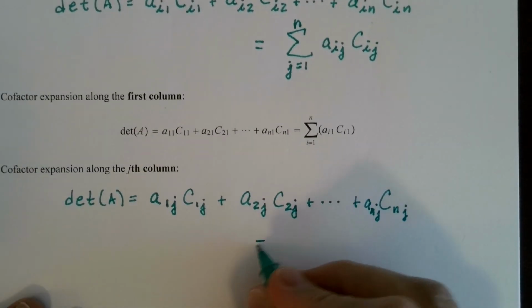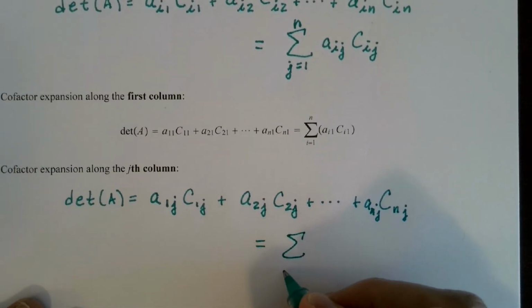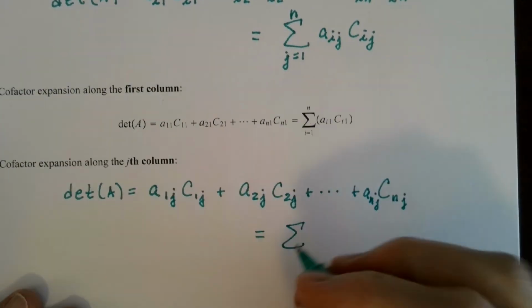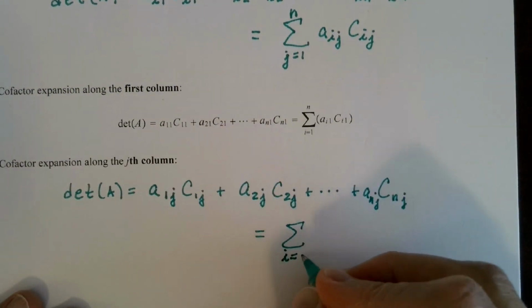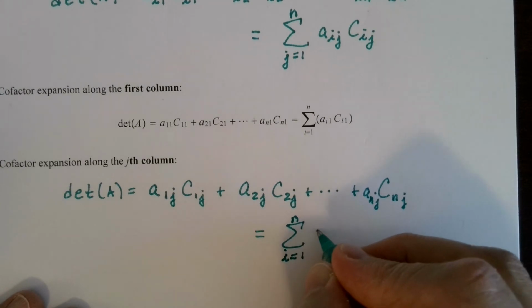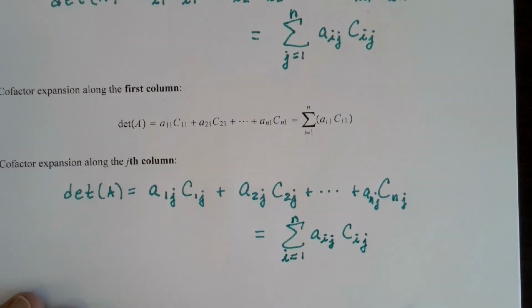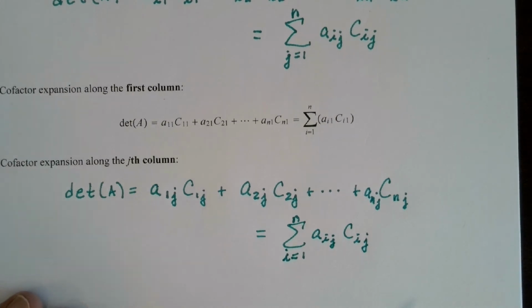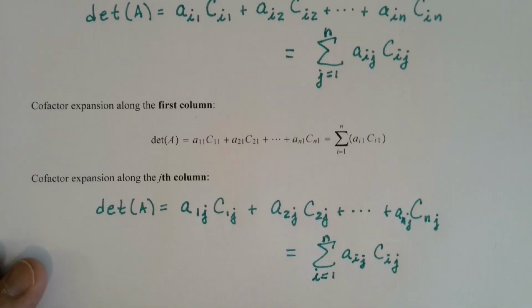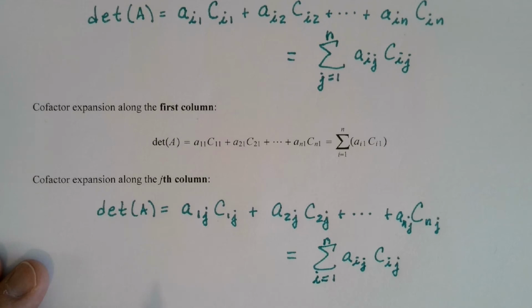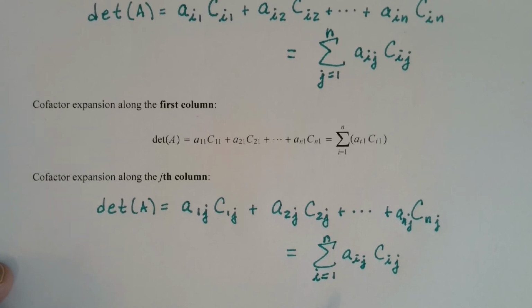Again, this will be the summation. Now we're going down a column, so we're summing over the rows: the sum from i equals 1 to n of Aij Cij. So here's a very interesting thing: I can do this procedure along any row or any column and get the same number, which is called the determinant of this matrix. That's a pretty amazing thing.